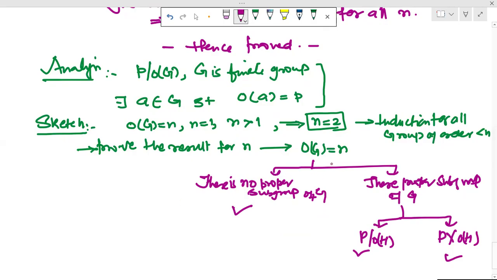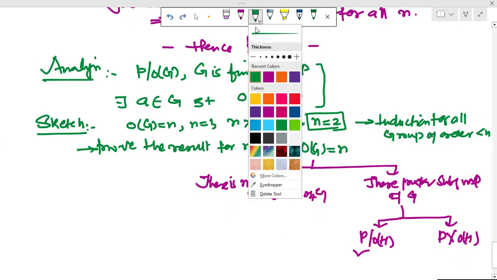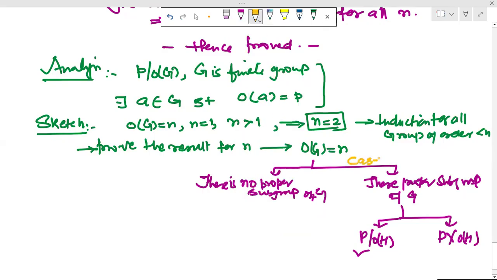These are the two cases, so let me write this properly. This is a case, and this is a subcase. Fine, so this is the sketch of the proof. This is how we have to follow.